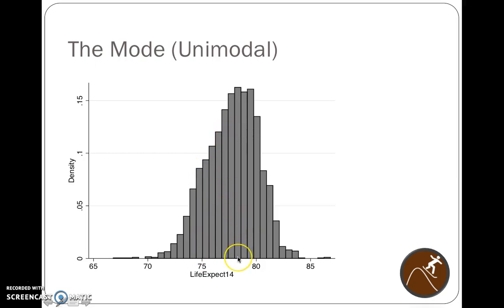And this bin might be something like 76 to 77. I don't know what that is, but that might be that particular bin. So data in that bin on a stat program are the most frequently observed numbers, and this one's pretty close, but it looks like this particular bin, whatever that number is, the average of this bin is what the program would tell you is the mode.